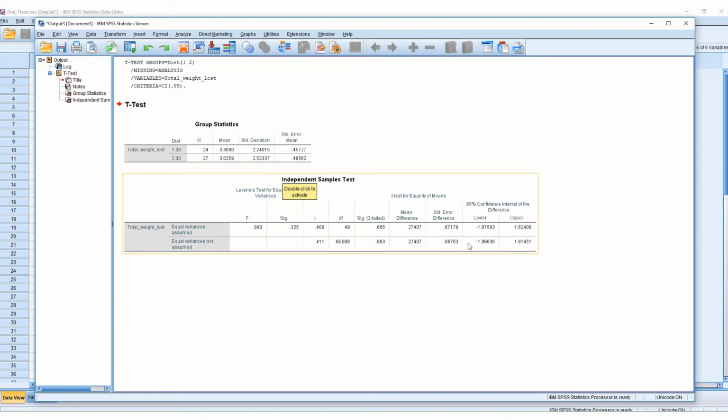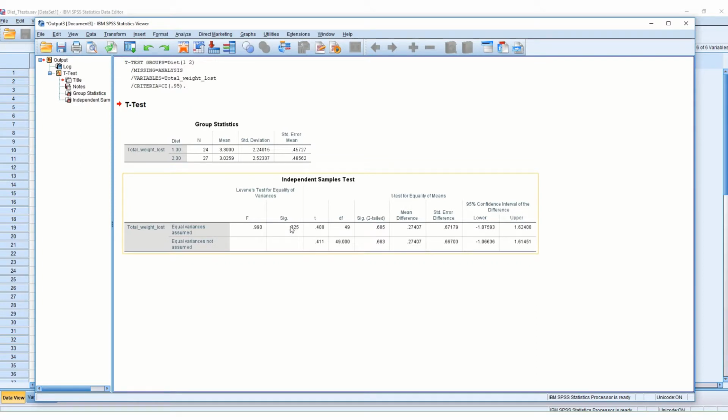In our table where we have our test statistic, we have an extra little test here called Levene's test for equality of variances. So another assumption of an independent sample t-test is that the variances are equal. So this is the test statistic for Levene's test, and this is the p-value. As with the normal distribution tests, it assumes equal variance until proven otherwise.